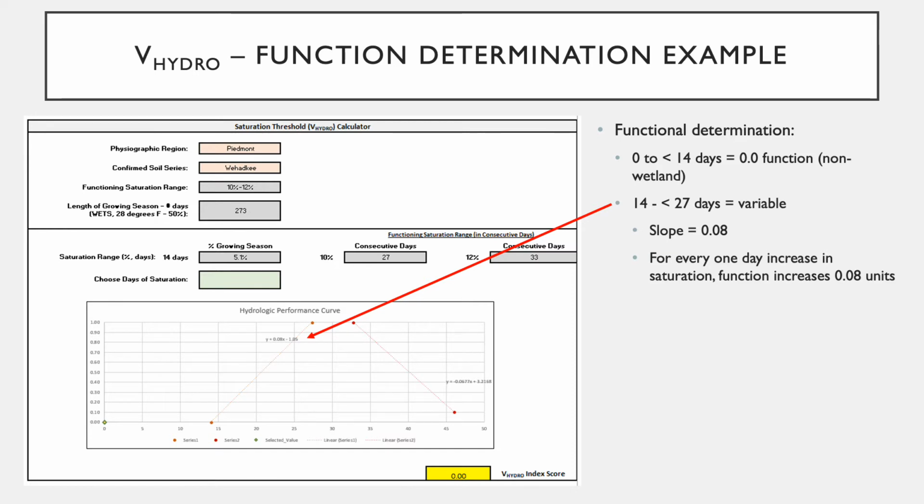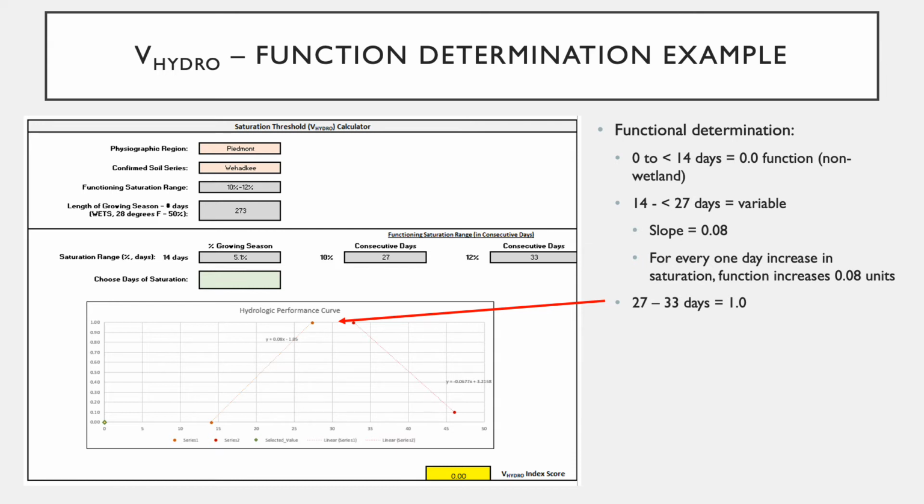So between 14 and 27 days of saturation, as you increase in saturation, you also increase in functional score. The slope of that line is what's important here, and that ultimately results in, for every day increase in saturation, your function increasing by 0.08 units until you reach 27 consecutive days.